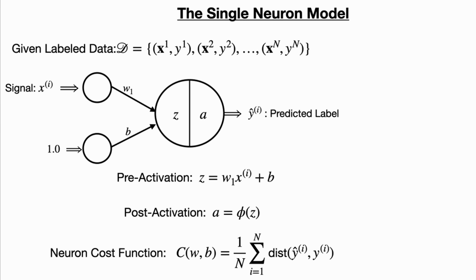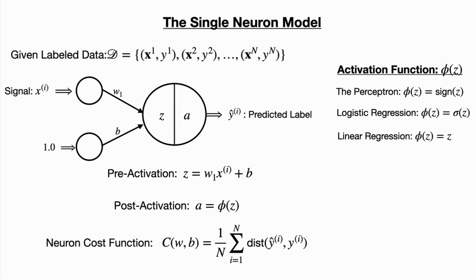So signal goes in, it gets weighted into the pre-activation, and then that gets passed into a function, and whatever that function is does something to that value, and then it spits out a predicted label. And these labels can be numerical labels or classification labels. It's a model for computing a function, basically, that we hope will approximate our given data's labels. And the way that we measure that is with something called a cost function. So that's the general model.